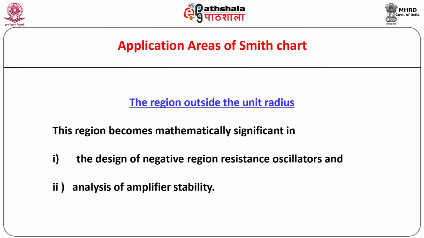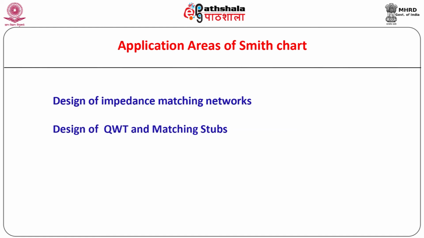Systems involving negative resistance region devices are one of such examples. The region outside the unit radius becomes mathematically significant in design of negative resistance oscillators and analysis of amplifier stability. Smith chart plays an important role in obtaining impedance matching networks. We will discuss this topic with adequate details in the next module.